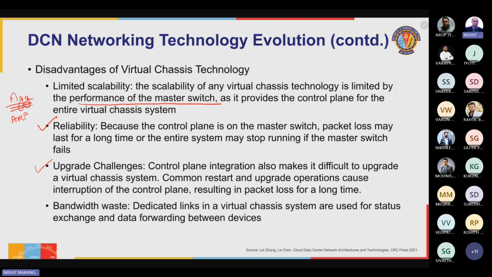Now, if you look at a virtual chassis, it's not one node, but many nodes packed together into a chassis system with one control plane and one management interface.